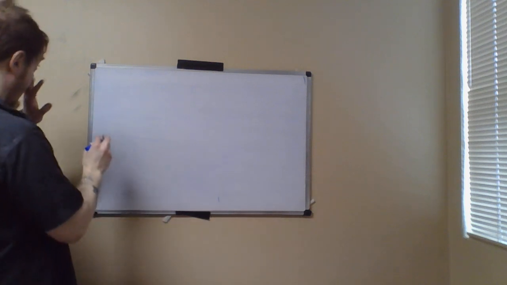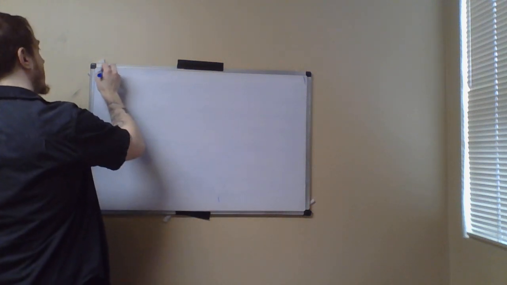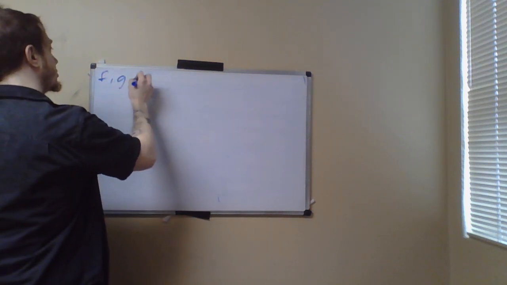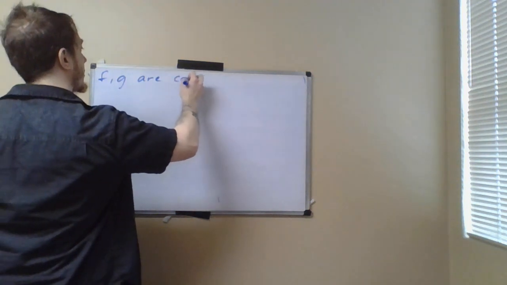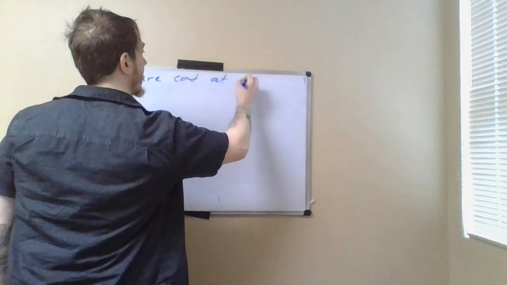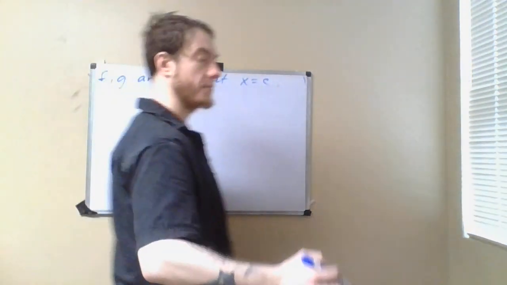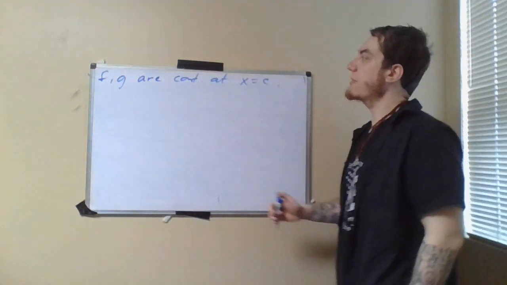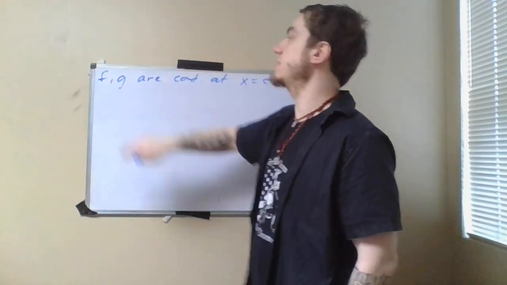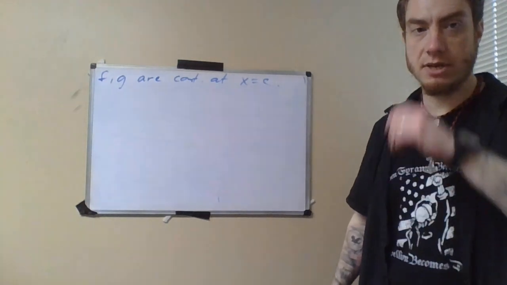And they are the following. So let's suppose that f and g are both continuous at x equals c, and we want to talk about what kind of combinations of these are going to also be continuous.